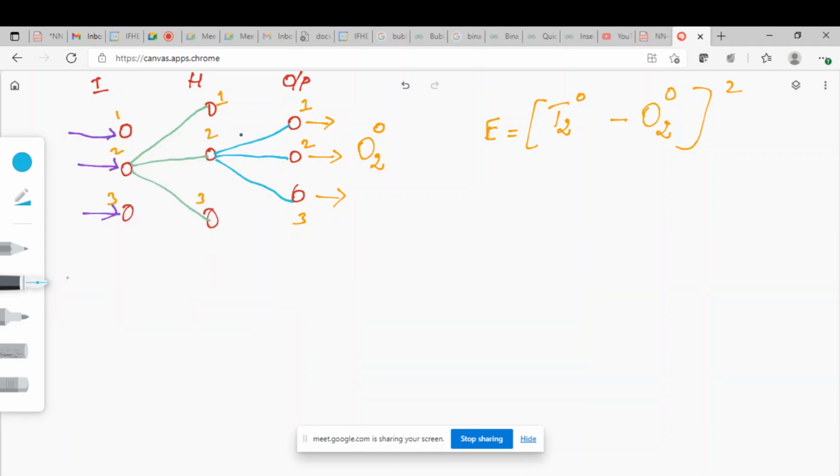So what is this weight? This is W21, because this is the second neuron of the hidden layer which is connected with the first neuron of the output layer. This is W22. This is W23. Now this output depends on which weight?